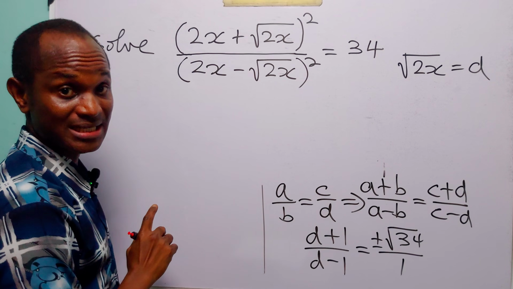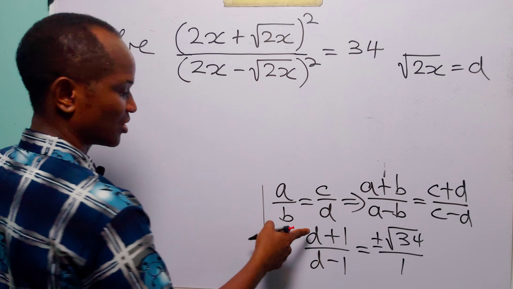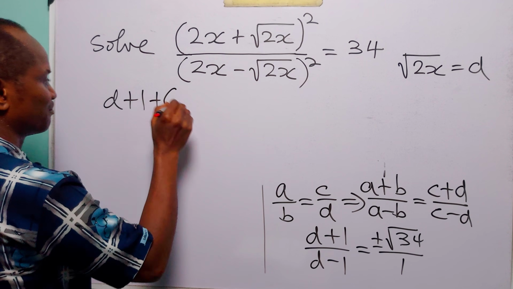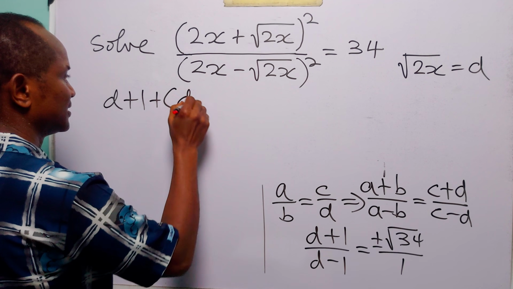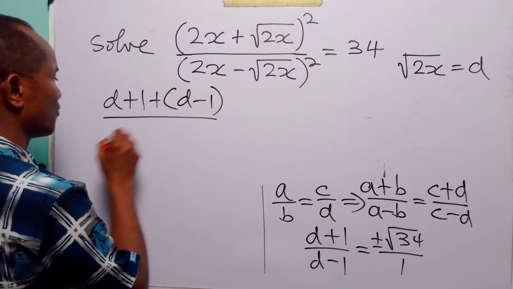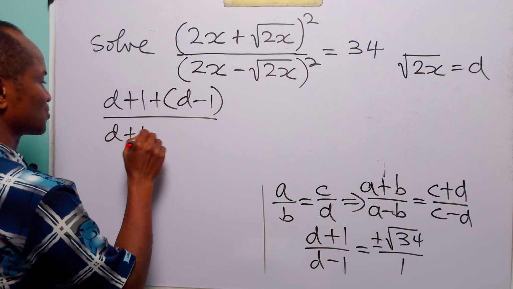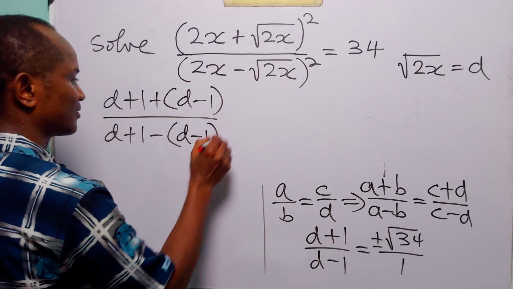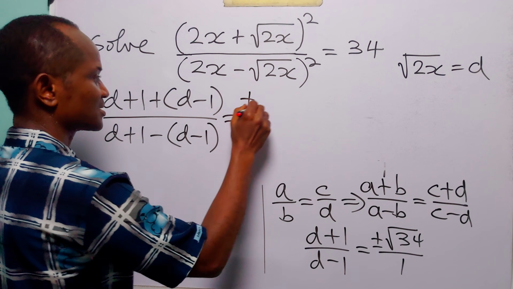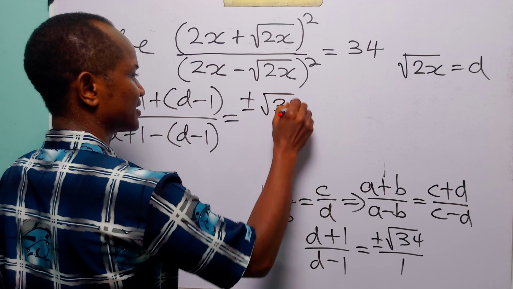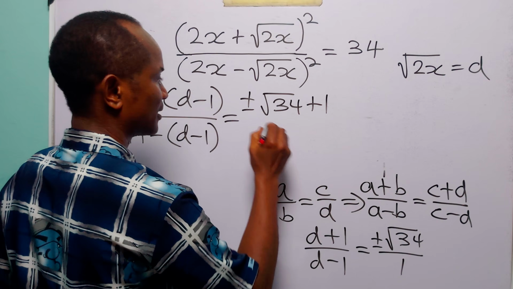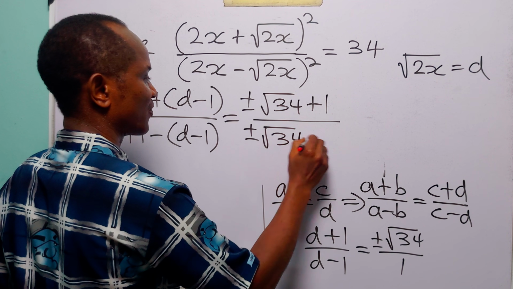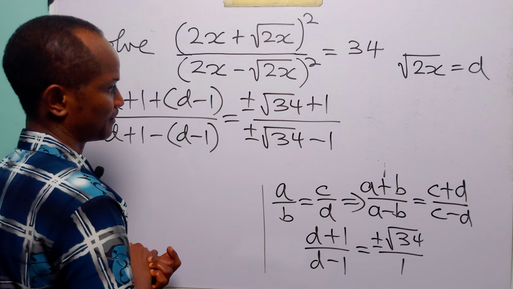Now, when we apply this property to this equation, we have d plus 1 plus d minus 1 over d plus 1 minus d minus 1 is equal to plus or minus root 34 plus 1 over plus or minus root 34 minus 1.